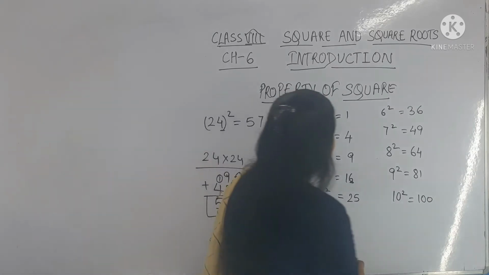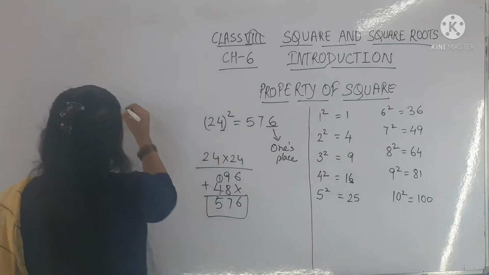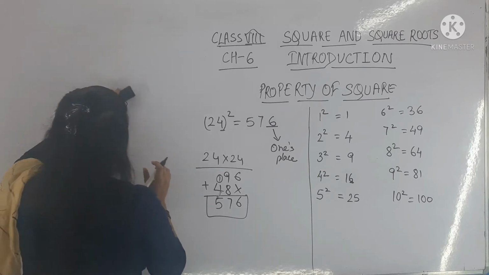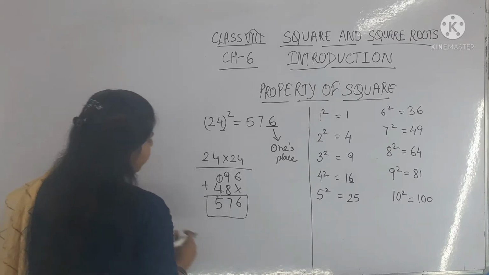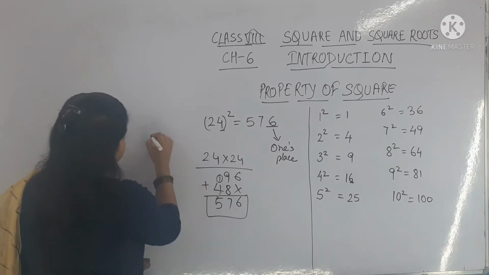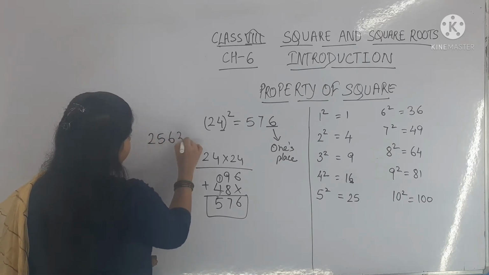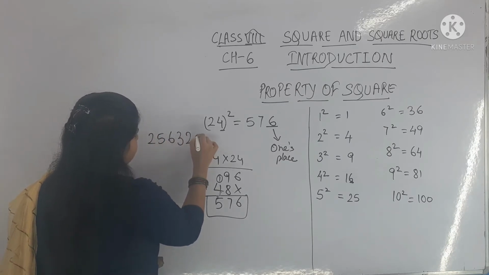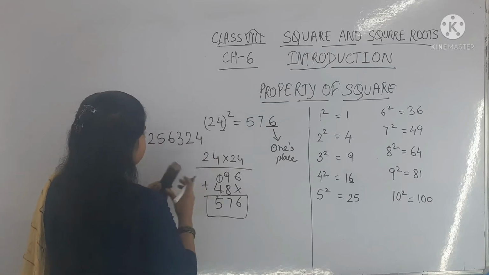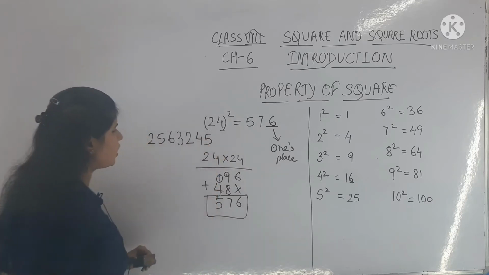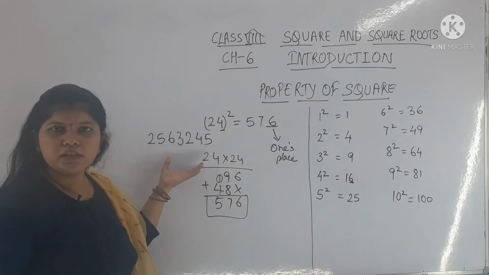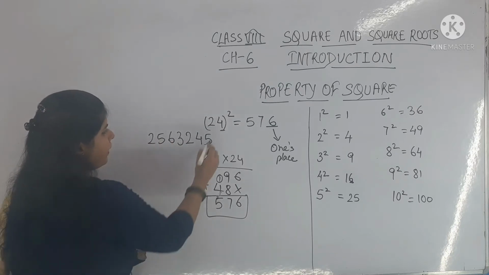So for a perfect square, if it is any digit like 2, 5, 6, 3, 2, 4 or 5, you have to know the square.